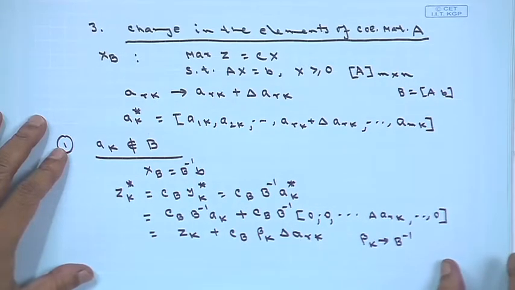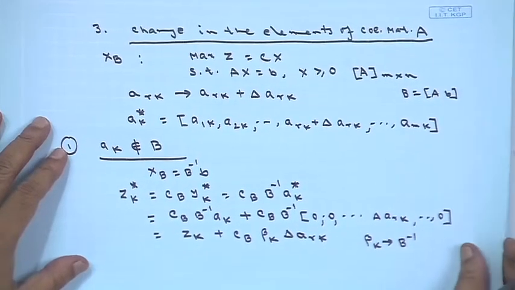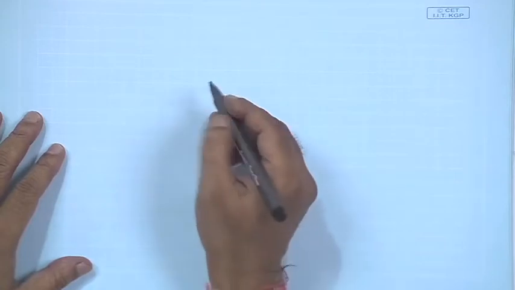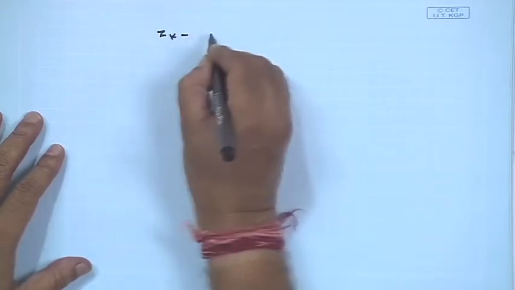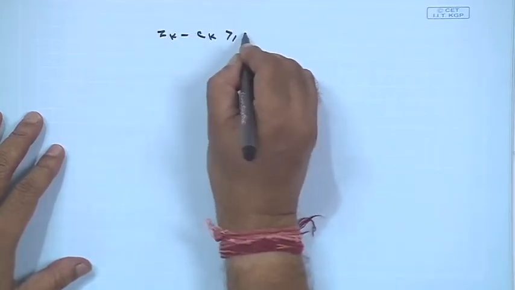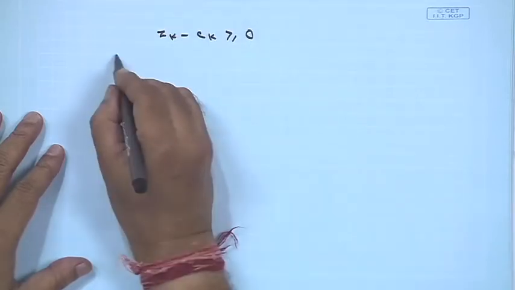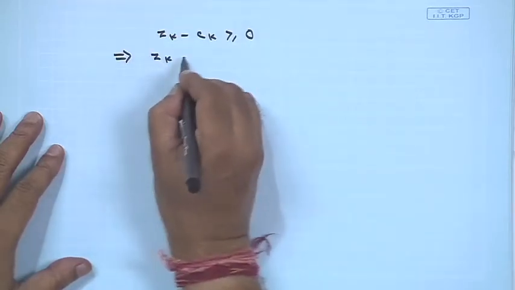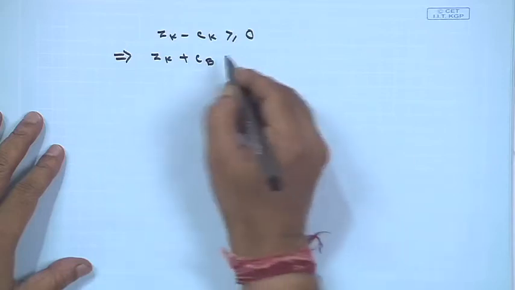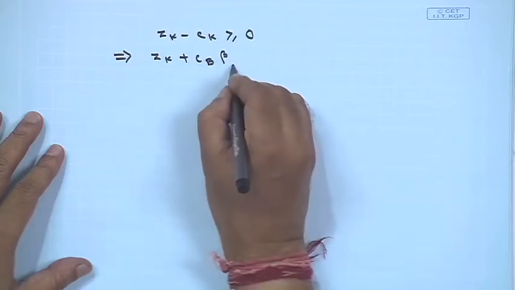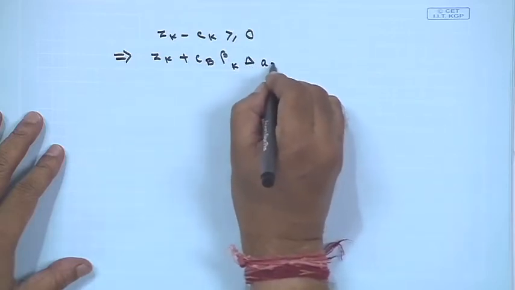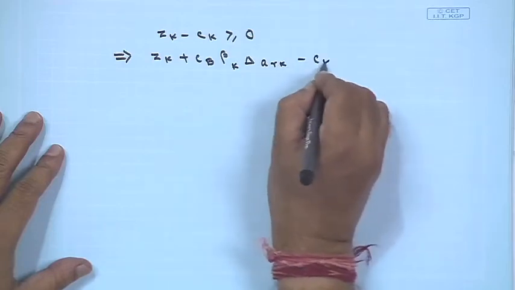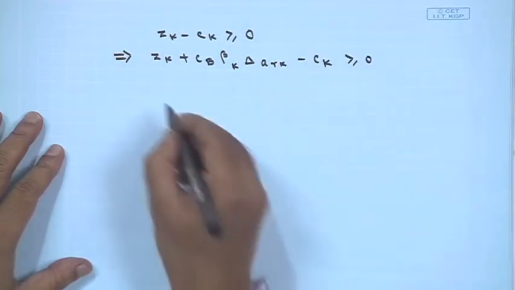Now, for optimality, z k minus c k should be greater than or equal to 0, we know it. So, this implies that z k plus C B beta k delta a r k minus c k is greater than or equal to 0.